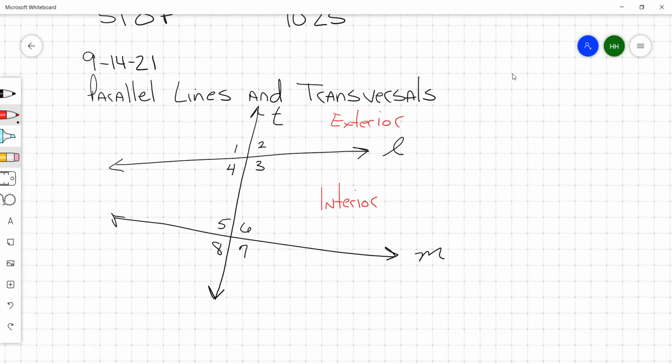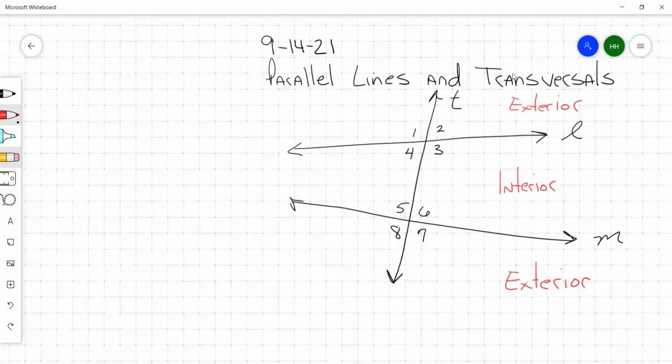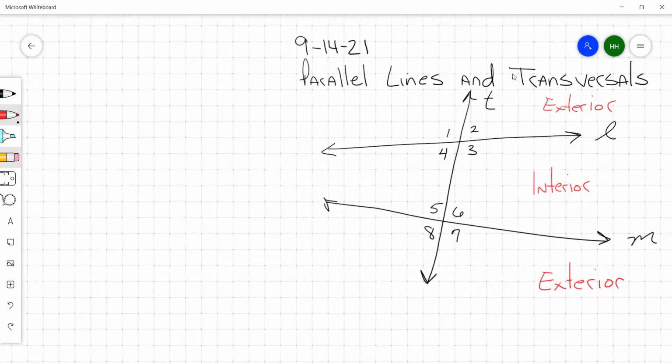And everything below line M is also the exterior. So now there are some angle relationship names that you need to know and understand because you're going to see them throughout the rest of the year. So we're going to start off with interior angles.